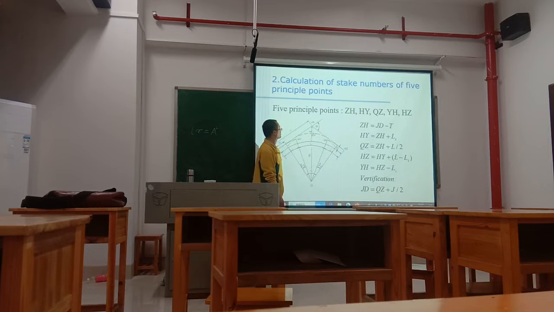QZ is the middle point of the circular curve. So we can get the distance between these points. This is the calculation formula.